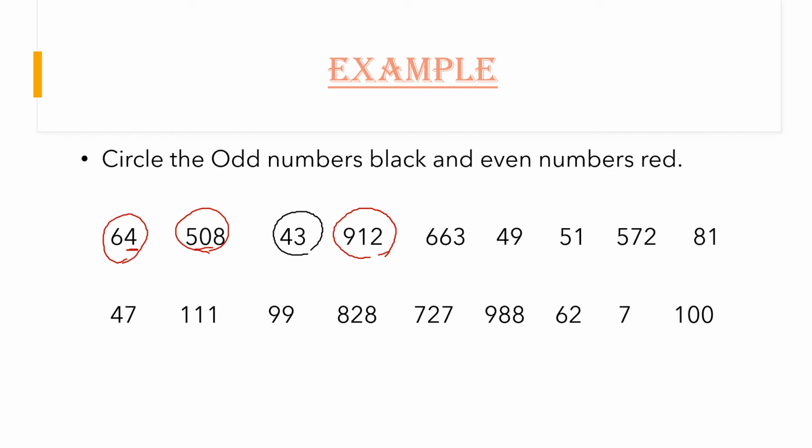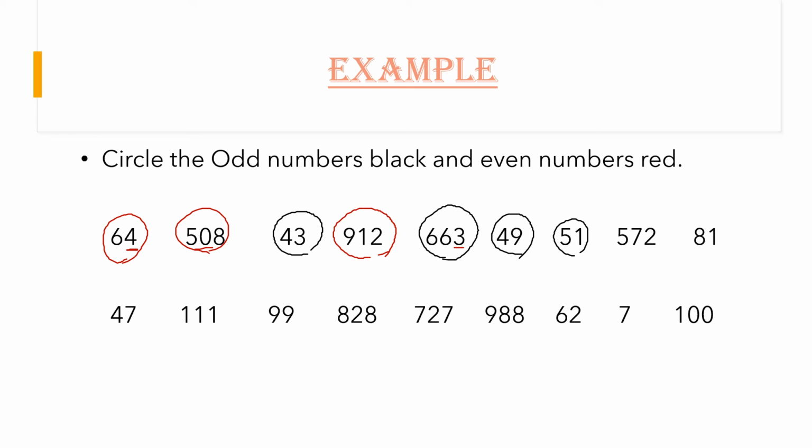Okay, 663. Its last digit is 3. It means it is an odd number. 49. It is again an odd number because the last digit is 9. 51. Again an odd number. 572. Now the last digit is 2.